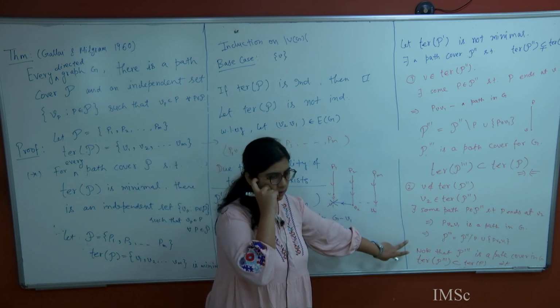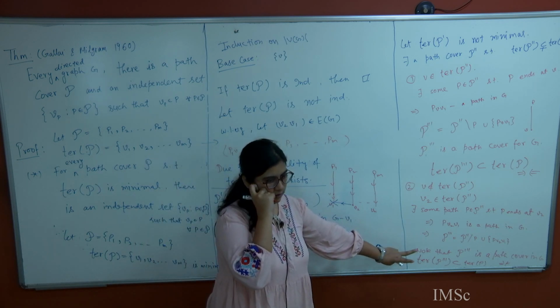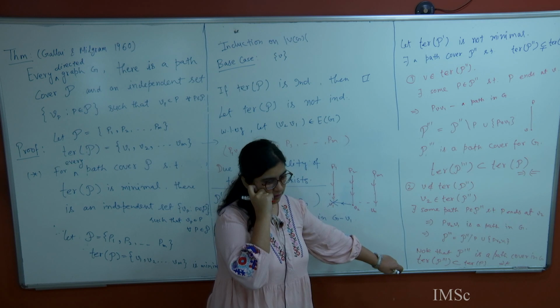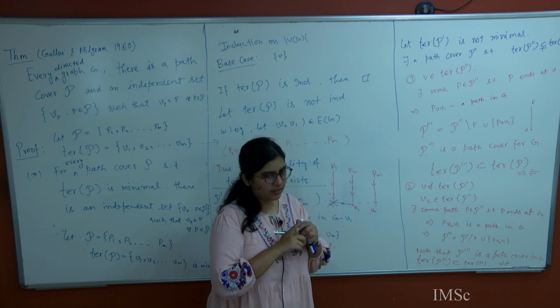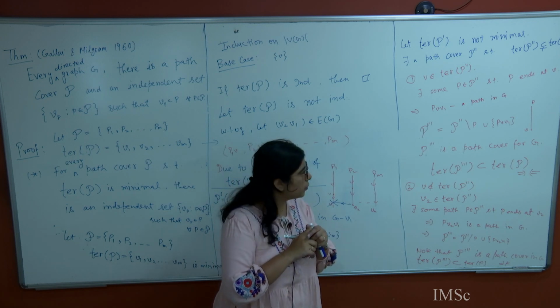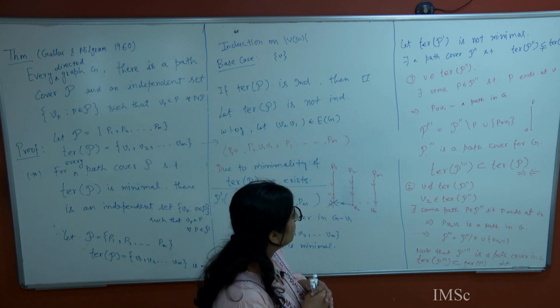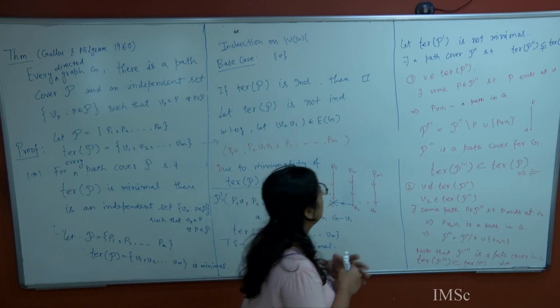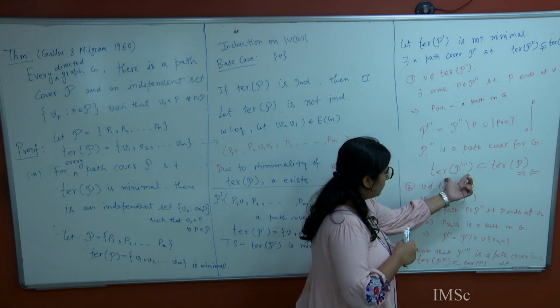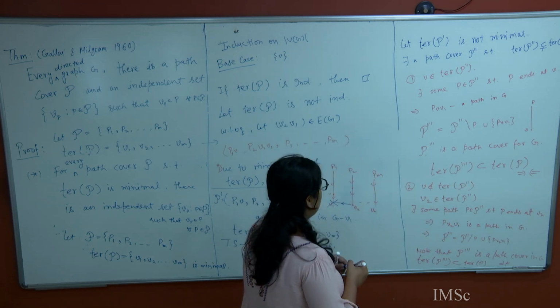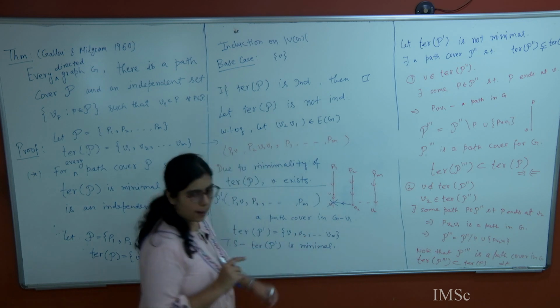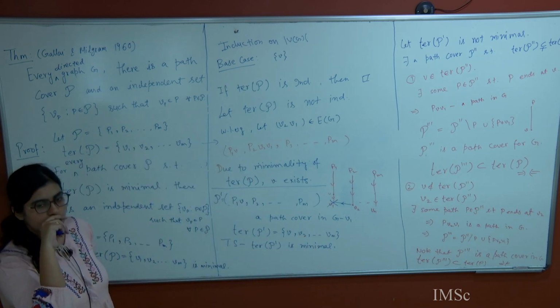Is this case okay? Confusing? I didn't understand why the terminal set of P triple prime is a proper subset here. Okay, we assume P double prime is some path cover.